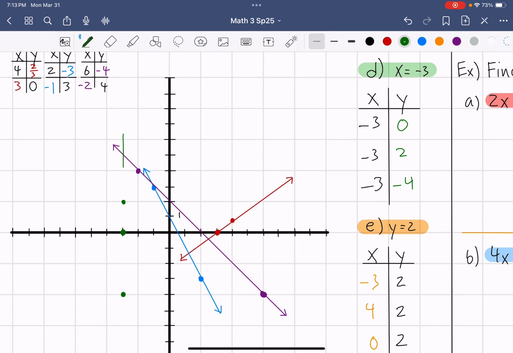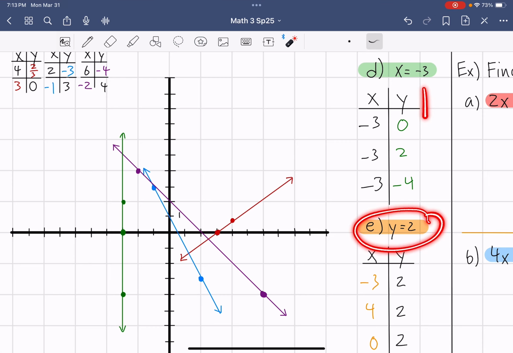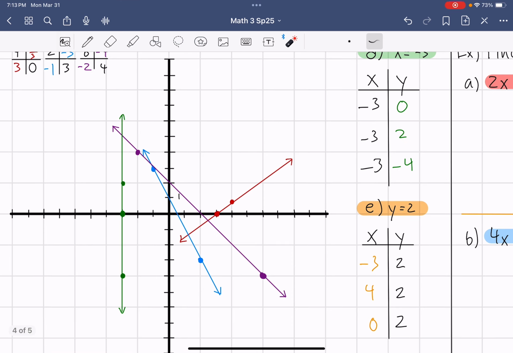But if you notice, this ends up making a vertical line. And when there was only an x and that made a vertical line, what do you think is going to happen when there's only the y? Hopefully you guessed it. It's going to be a horizontal line.